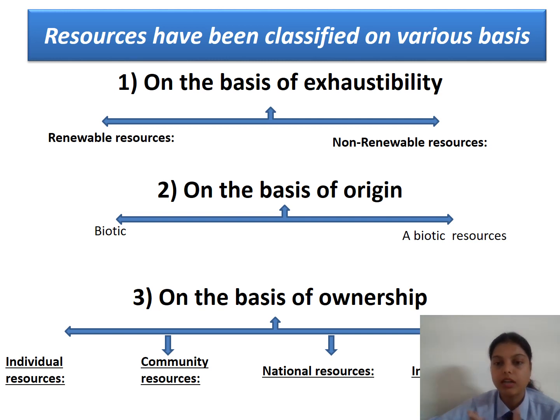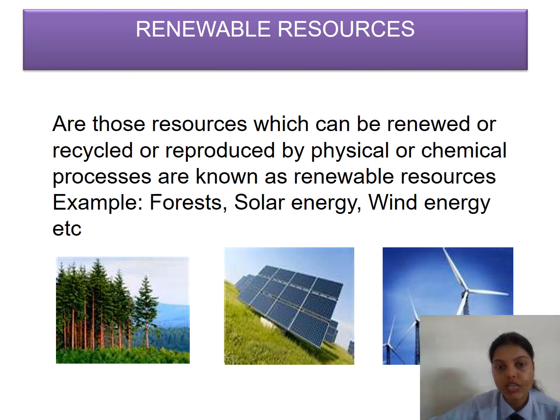Origin means how the resources come in the environment. So biotic and abiotic resources. We will further study these two terms also. Next is on the basis of ownership, like individual resources, community resources, national resources, and the international resources. Okay, so we will study about all these resources.